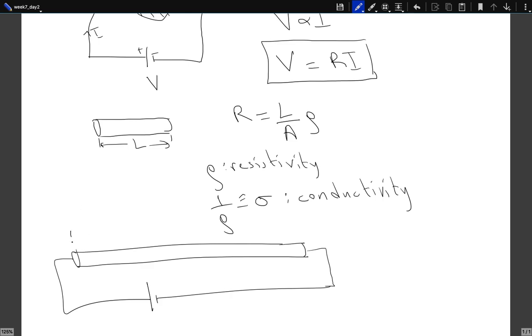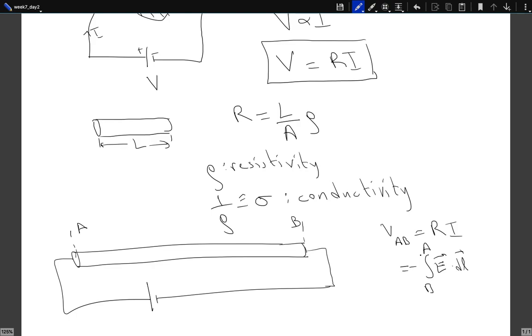And we know that there is a potential difference between these two points. V_AB will be equal to R times whatever current is running through it. Remember the potential difference is defined as the integral of minus E dot dl from B to A.